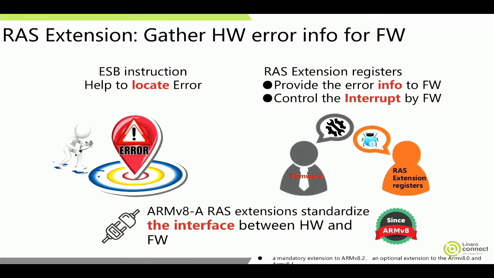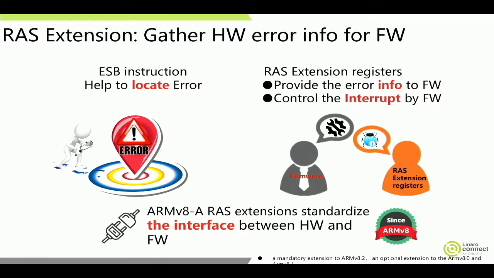Why is this important? Once an error happens, software may not work, or at least something in the memory doesn't work well, so it cannot really help you collect enough information from hardware. The best way is to let the hardware collect the information for you, not rely on the software. That's the reason why we need to use the RAS extension.